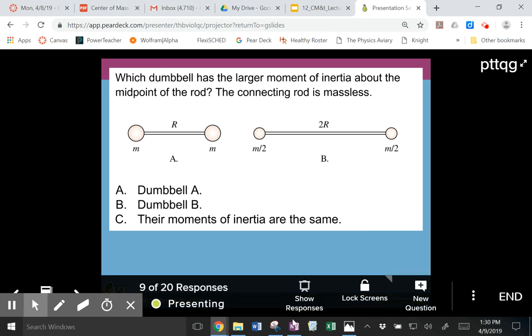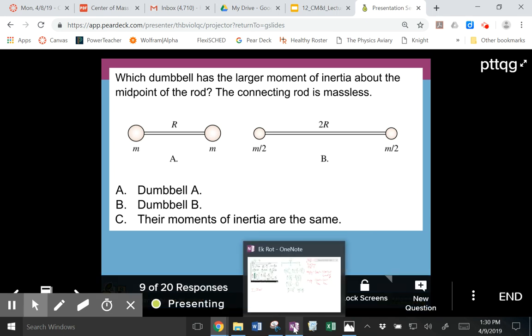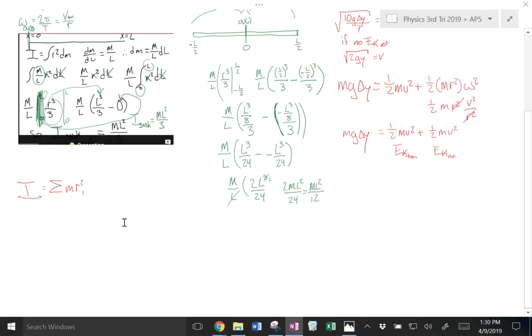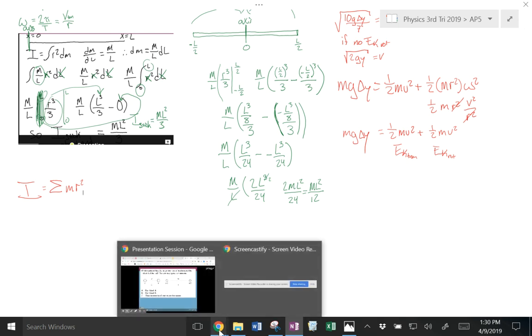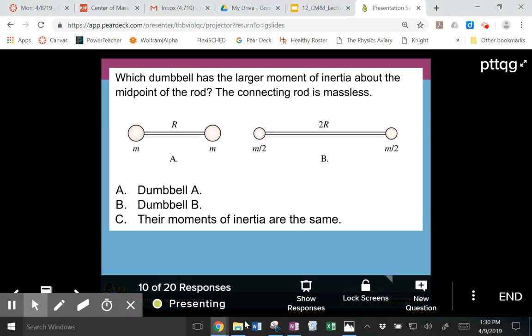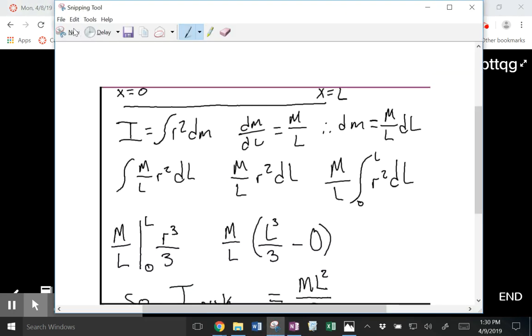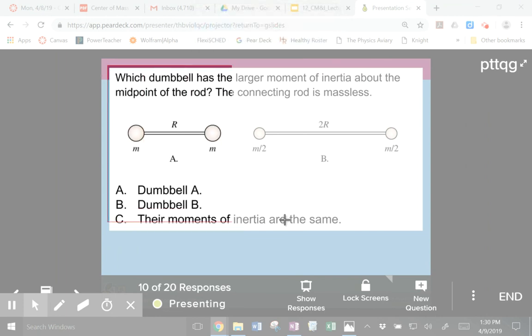That capital R is the length of that rod, but that little r is how far it is from the axis of rotation.